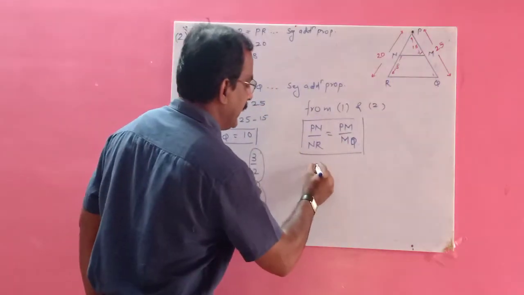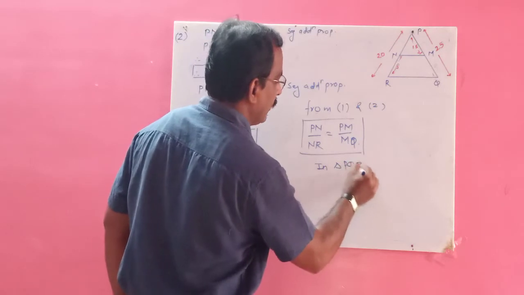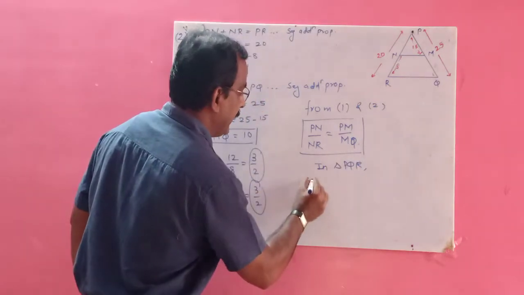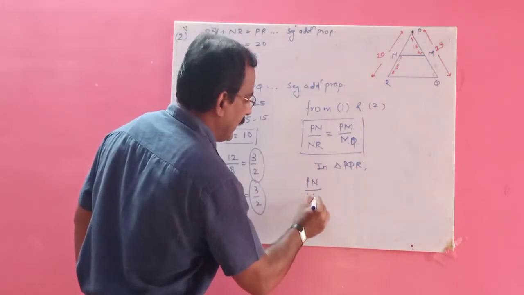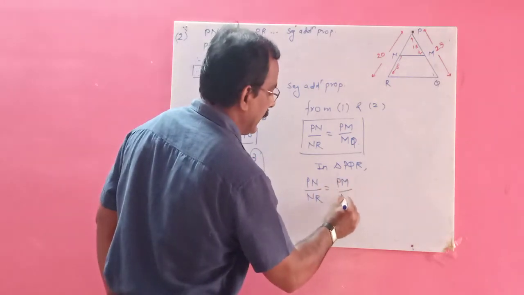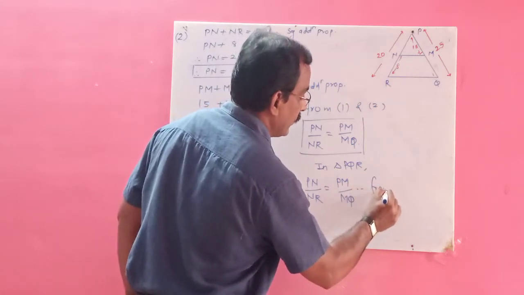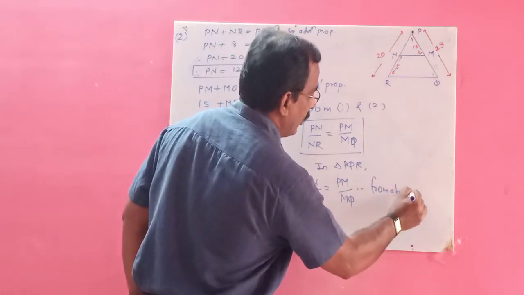So here you write again, in triangle PQR, we got PN upon NR, which is equal to PM upon MQ, from above. You got this from above, already you have proved here.